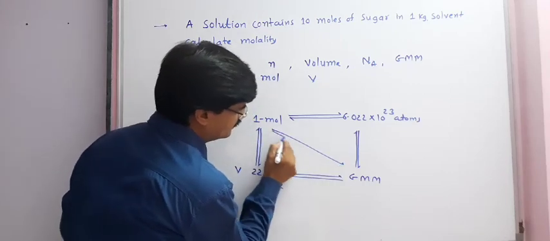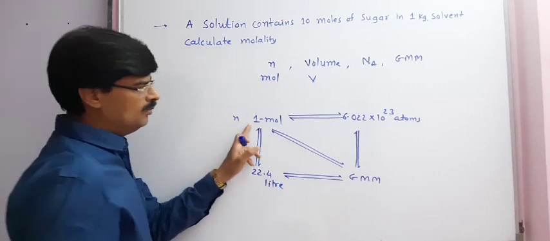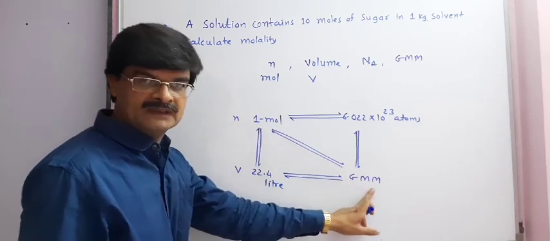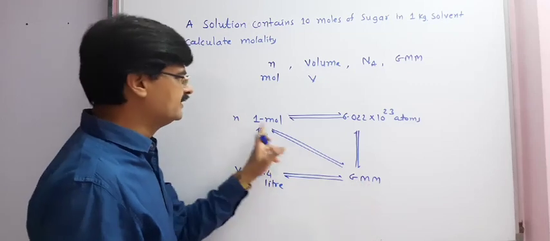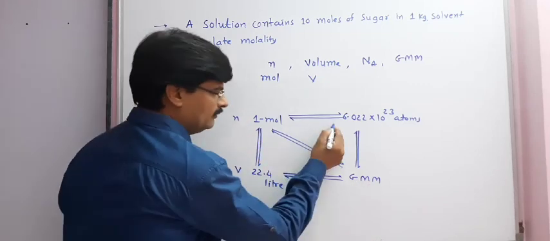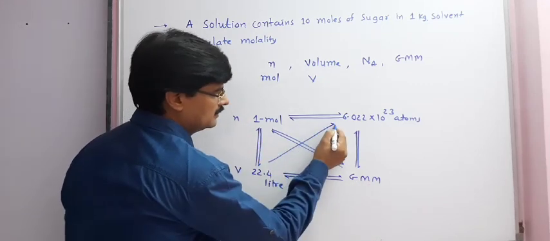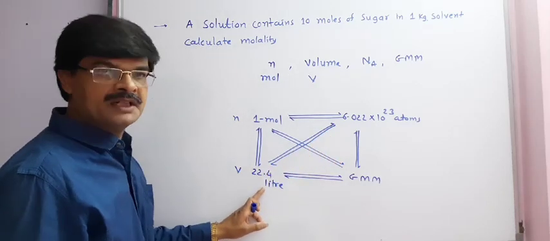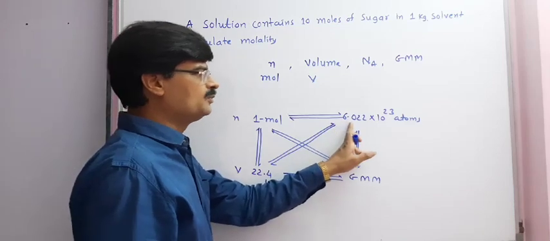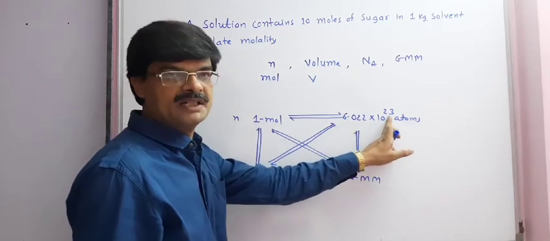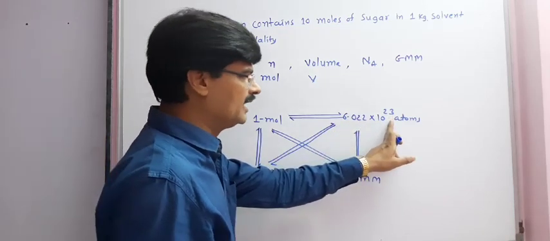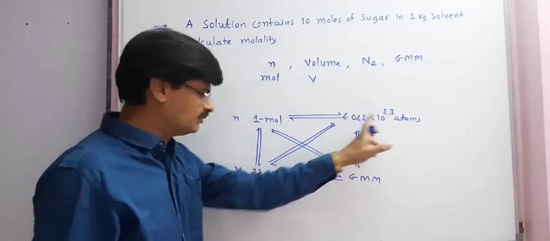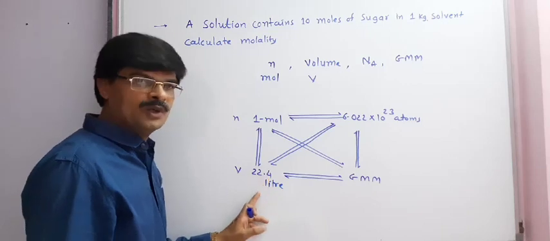Another interrelationship between mole and gram molar mass. 1 mole is equal to gram molar mass. Also, gram molar mass is equal to 1 mole. And same way, 22.4 liter is equal to 6.022 into 10 raised to 23 particles or atoms, etc. Same way, 6.022 into 10 raised to 23 atoms is equal to 22.4 liter.